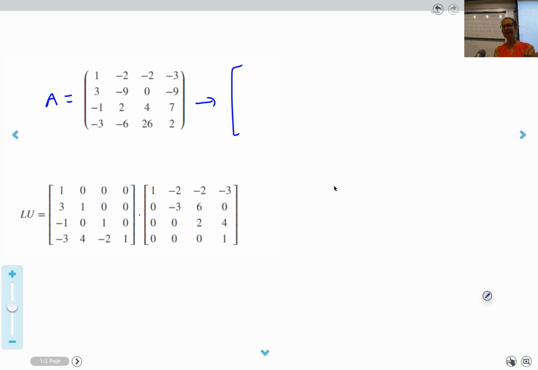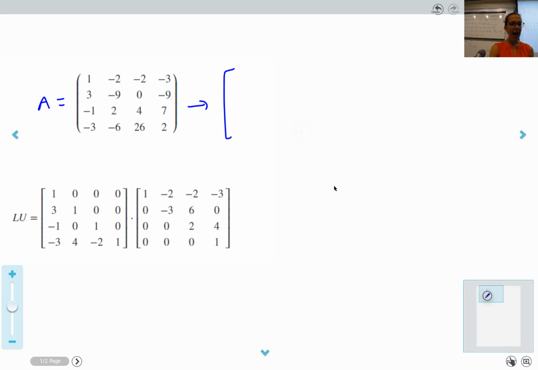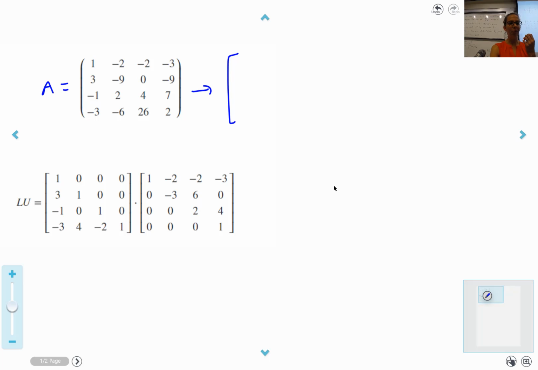This reminds me of Trefethen, who says at some point that so much of numerical linear algebra is just inserting zeros into matrices. Here, you want to take this first row, and we want to get rid of the 3 in the second row. Down here, I'm going to put a matrix.